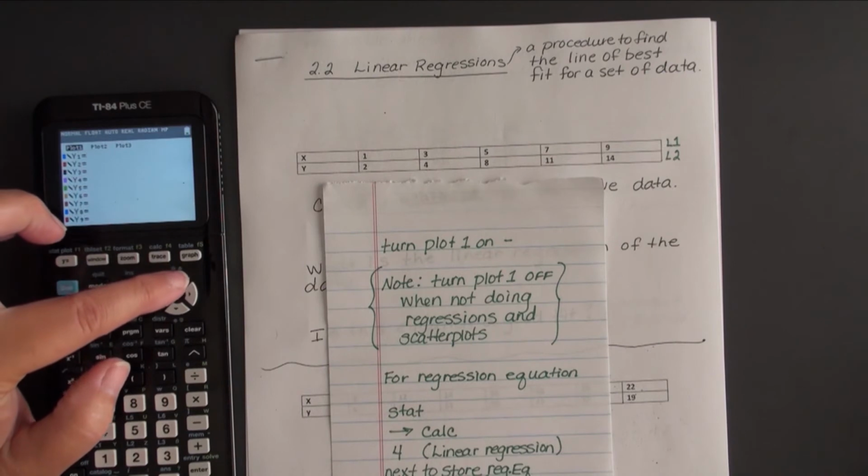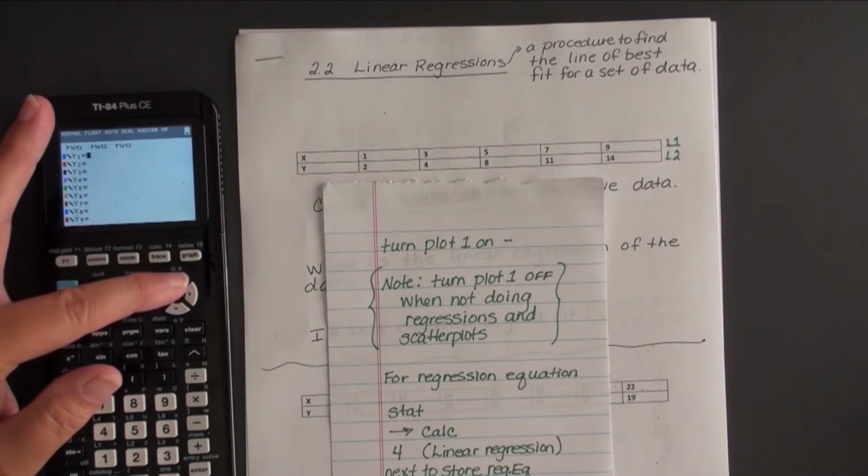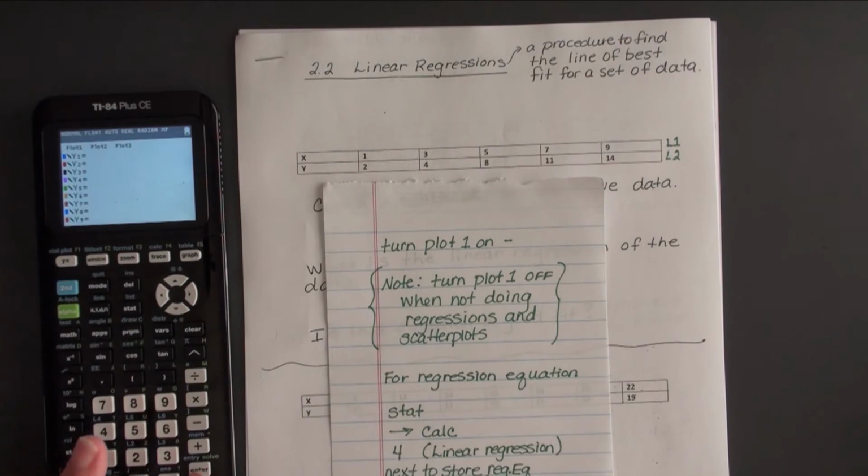And if I go up to it and I press enter, then it is not highlighted. So to turn it on and off, you just highlight it and press enter. We want it to be on when doing regressions, which is this section, or scatter plots. Otherwise, you will want to turn it off when you do the rest of your homework.